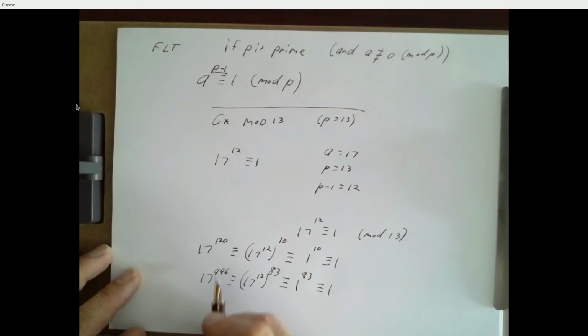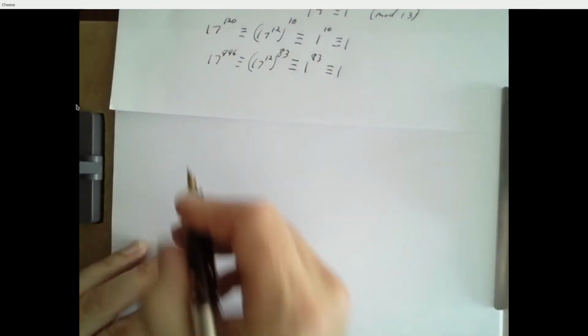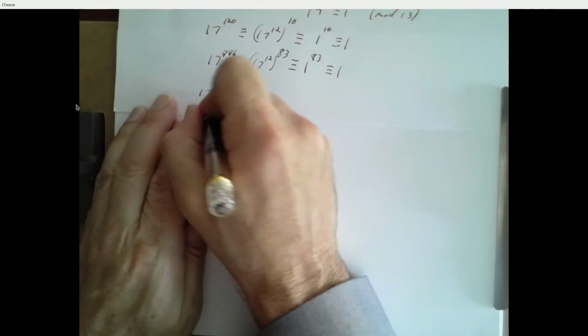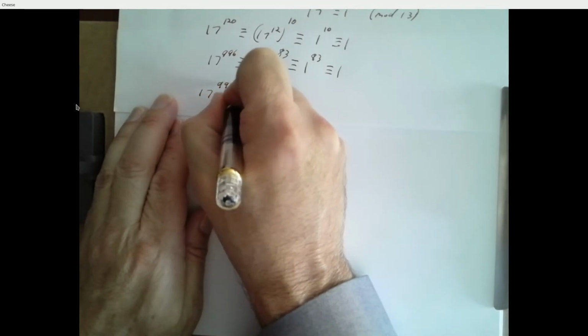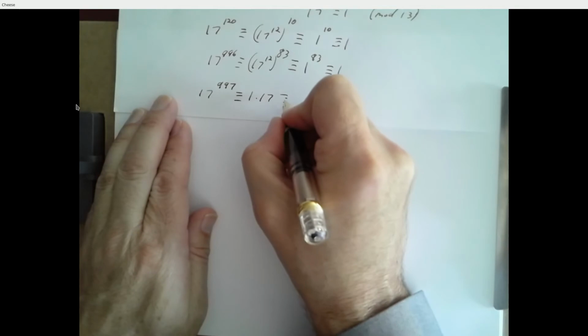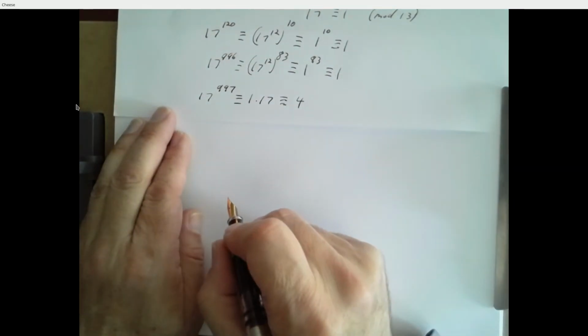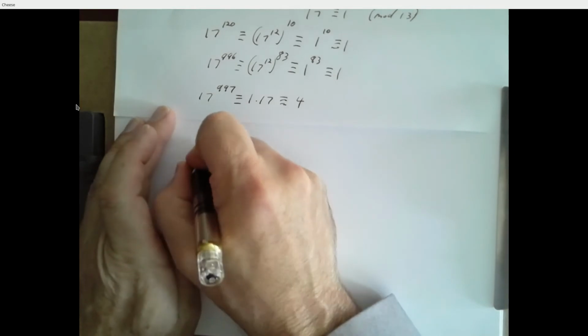So to get 17 to the 1000th, I just have to bump up 4 more powers. So I can do something like this. So 17 to the 997 will be 1 times 17, and that's congruent to 4. 17 is 4 more than a multiple of 13.